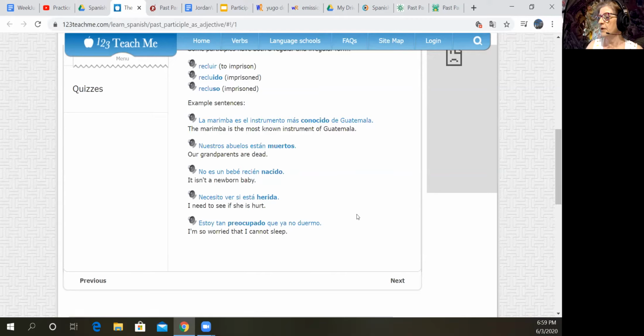Okay, so I want you to notice something. These ido words, because they're adjectives, will have to obey the rules that all adjectives obey. And that means the adjective, depending on who or what it's talking about, has to be masculine or feminine, singular or plural. Verbs are not masculine or feminine, but things and descriptions that describe things have to be.